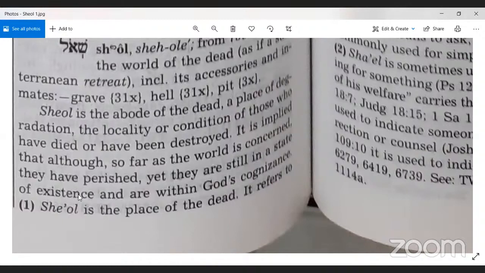So they're still in existence and they are in the Most High's awareness. Correct. So if this is the case, the dead do not die. Right. Only the world considers them dead or that they have perished. But the Most High, no. Do y'all see what this means?